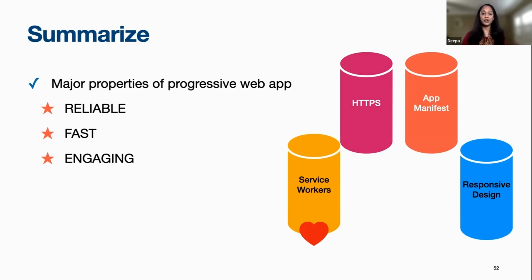It should be fast, reliable, installable, capable, and engaging, right? These are the properties of progressive web apps. We talked about service worker and app manifest.